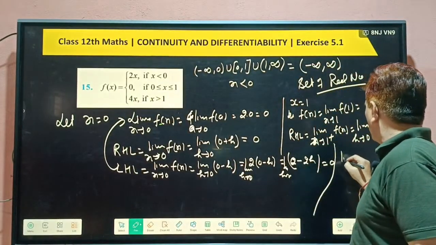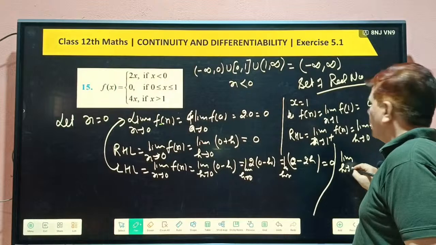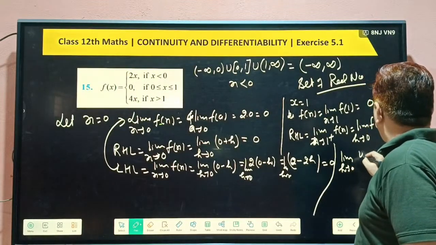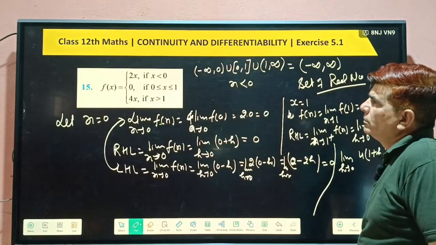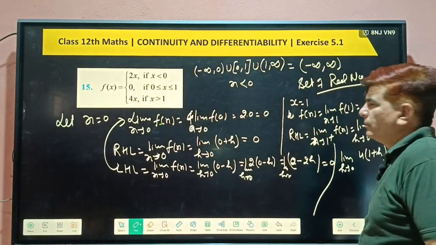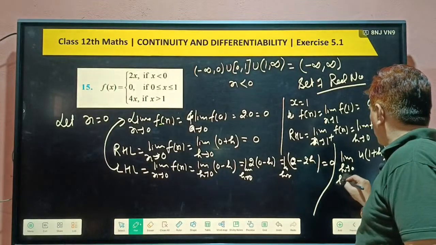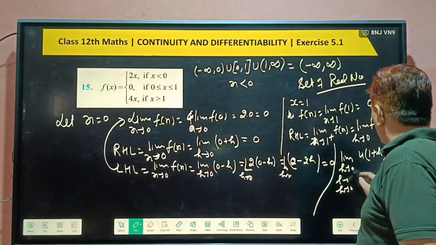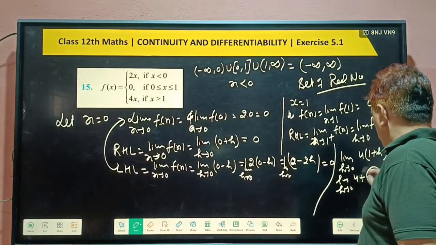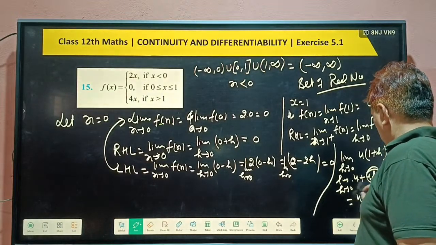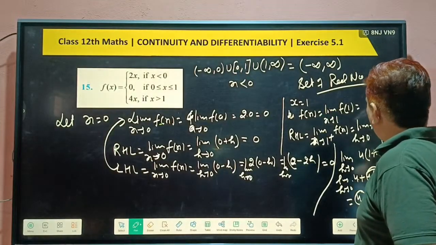So limit h tends to 0 of 4 into 1 plus h. So what's coming? Limit h tends to 0 of 4 plus 4h. This becomes 4.